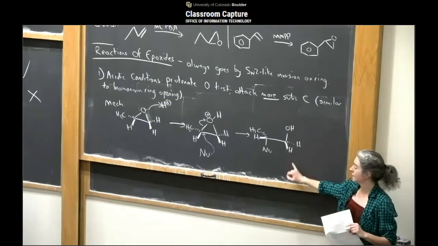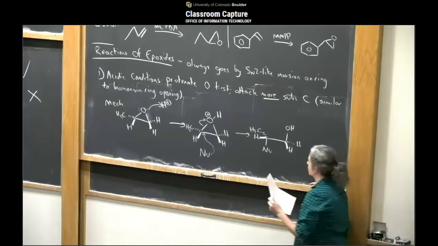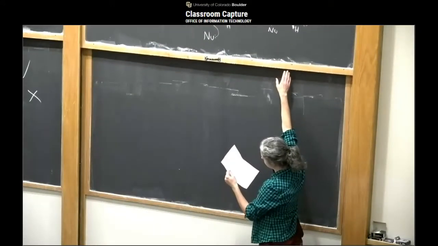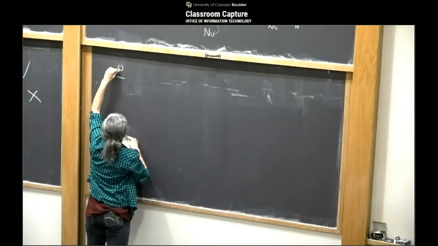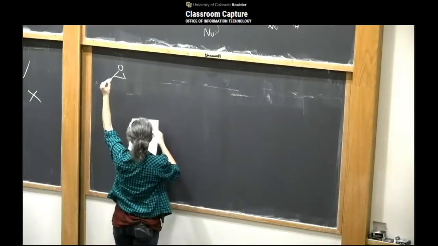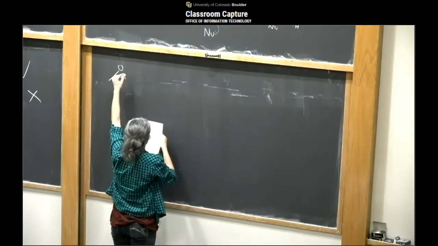Okay, so other questions about this mechanism? Okay, cool. So let's throw some examples up here. I'm going to draw a simpler example, a version of this molecule without the explicit H's.